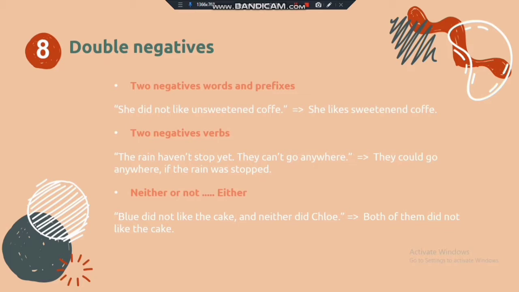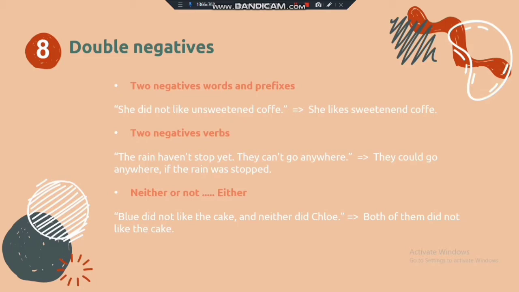As the example, "The rain hasn't stopped yet. They can't go anywhere." From that statement, it can be implied that they could go anywhere if the rain had stopped. The third one is neither or either.